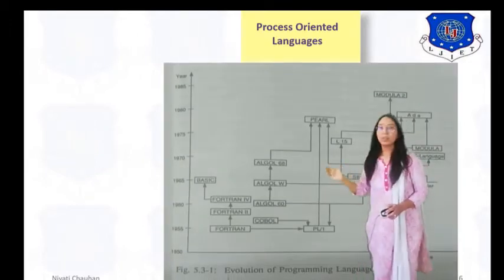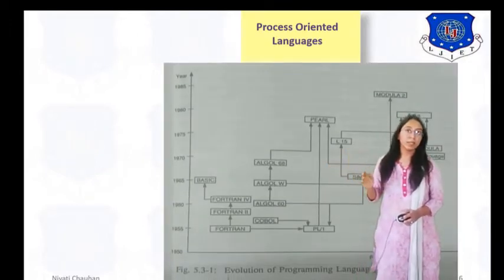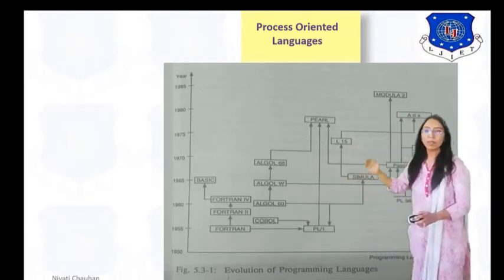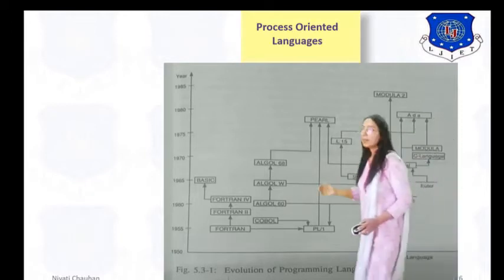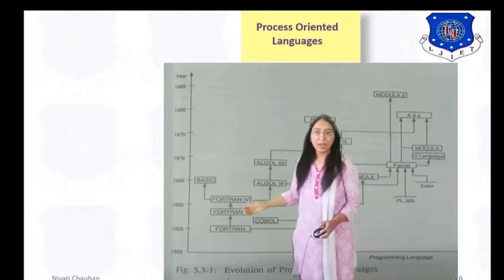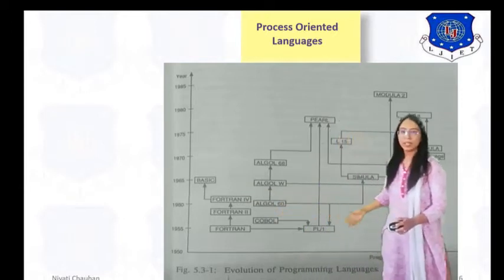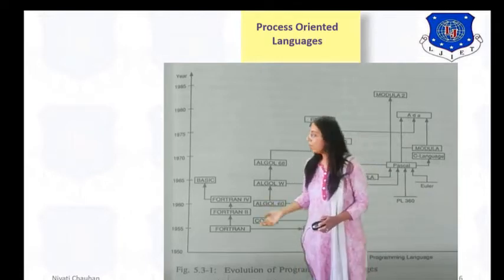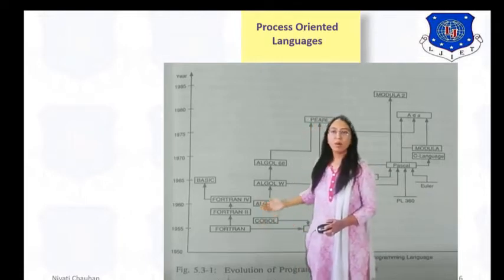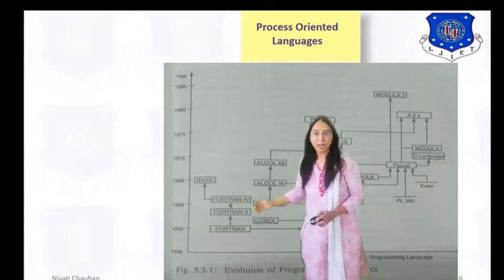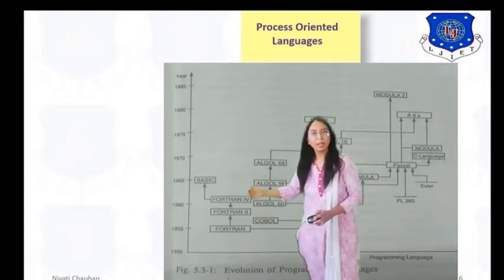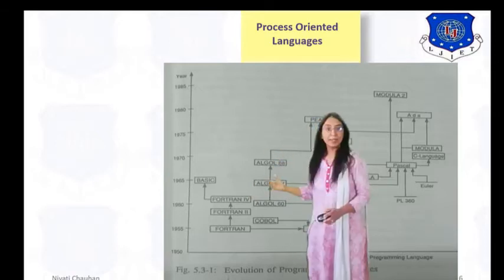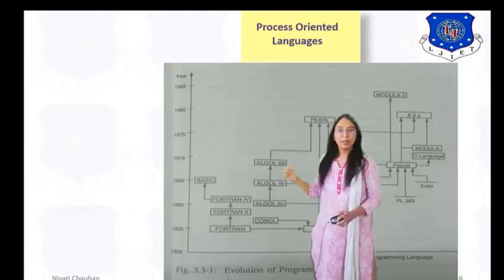Next is the third part of system software, that is process-oriented languages. Here you can see one graph. On the y-axis we are taking year and on the x-axis we are taking programming languages. In earlier years we were using Fortran, then a modified Fortran, and in 1965 Basic was introduced.